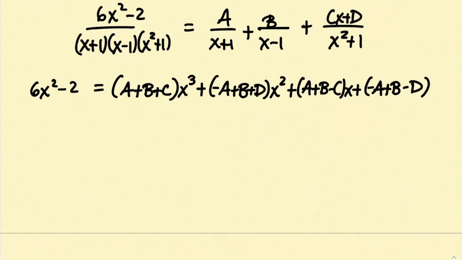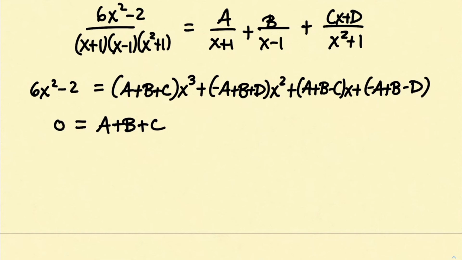In order to get these variables, a, b, c, and d, we say to ourselves, oh, I have a polynomial on the left and a polynomial on the right. For these two polynomials to be the same, they have to have the same coefficients. Well, the coefficient of x cubed on the left is 0. The coefficient of x cubed on the right is a plus b plus c. Those have to be the same.